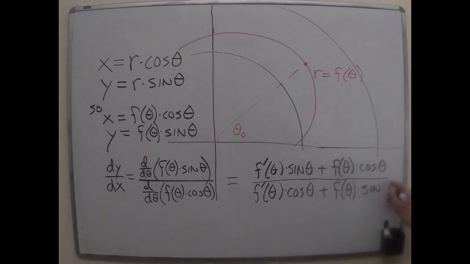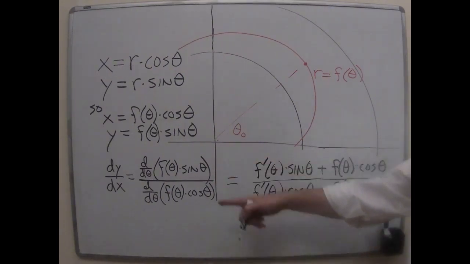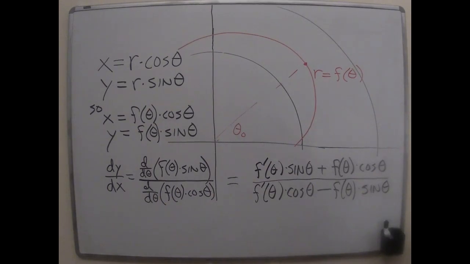I'm going to just write sine though, and we'll change this to have a minus sign there. Okay. So there you go. I don't know that it's worth memorizing. You just think about how the expressions are going to be written as r times sine theta, and applying the product rule, you get this for the slope of a tangent line.